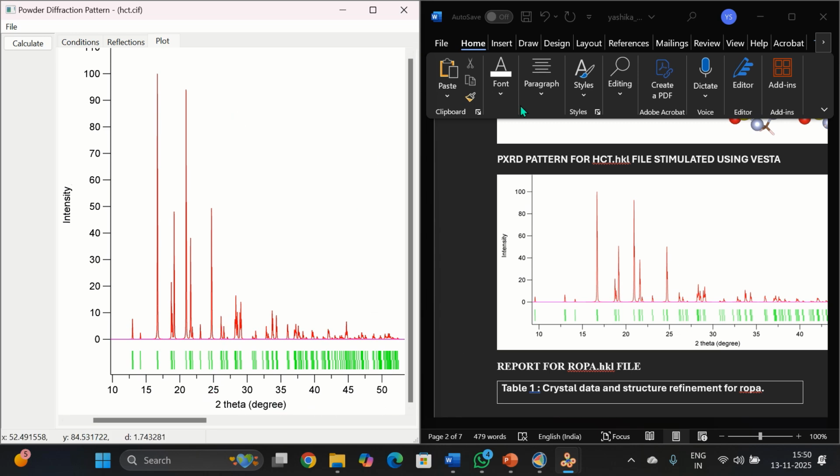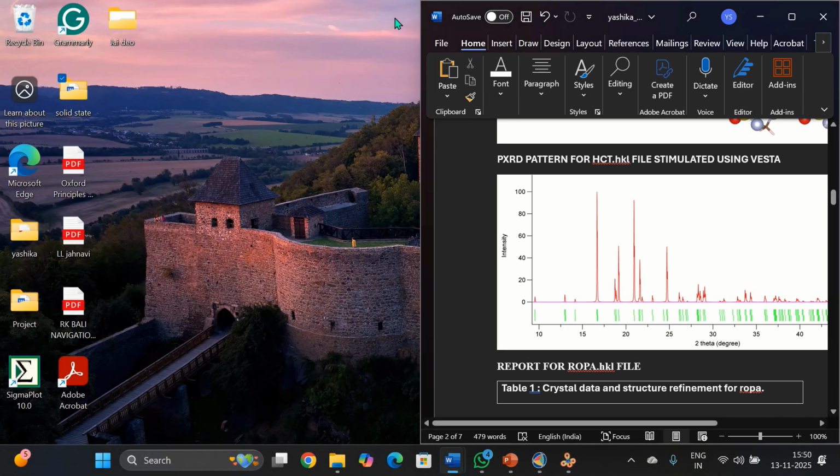So this is how we can see the matching of the two PXRD patterns, whether the compound is the same or not, or whether any extra peak is appearing or a particular peak is disappearing. This gives us a very important idea of how pure the compound that we have synthesized is, and whether we have synthesized the right compound or not.